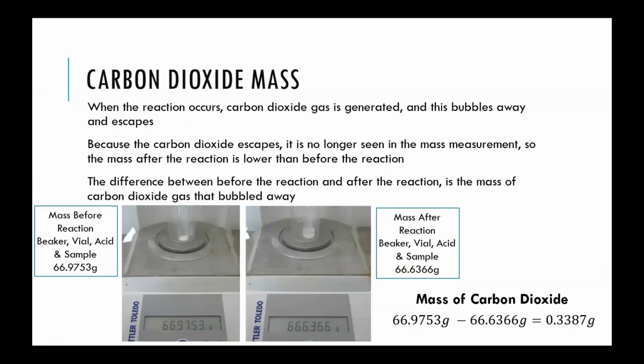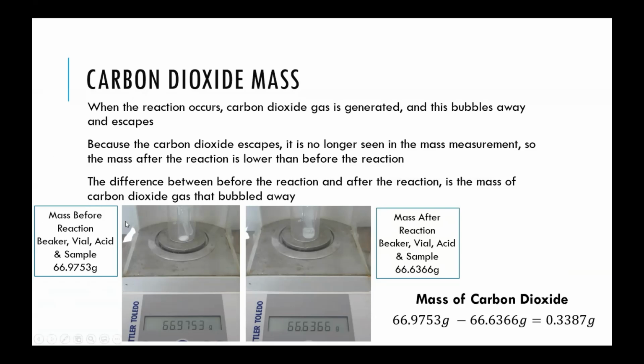After that, the reaction occurs. You're mixing the two components together, the acid in the pipette with the carbonate sample in the vial. This causes the reaction to generate water and carbon dioxide. Carbon dioxide itself is a gas, and that bubbles away, meaning the overall mass is decreasing.